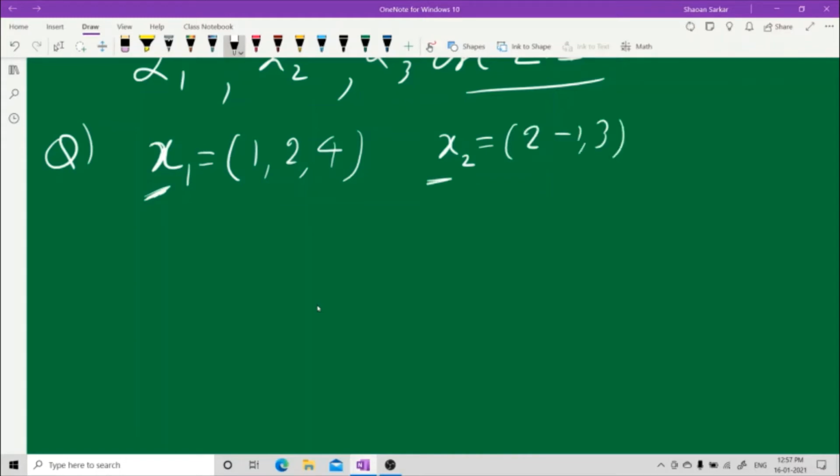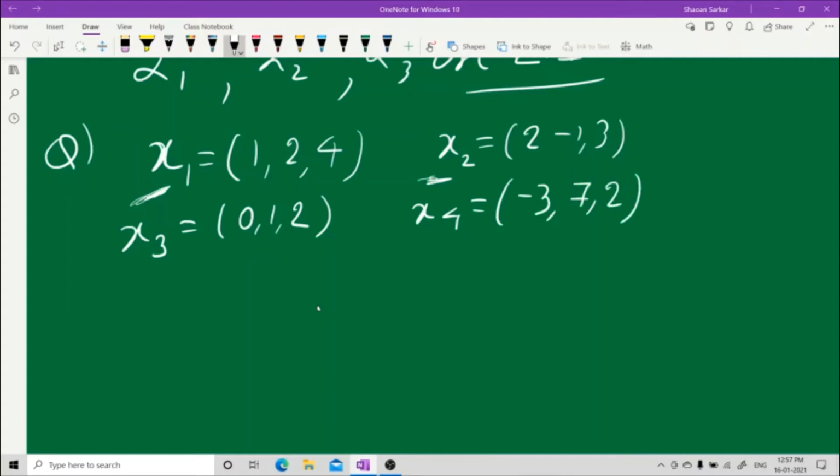In the earlier cases, I wrote these as alpha 1 and alpha 2. Now I'm writing x1 and x2 just for the sake of change, so that you don't get confused if you see this way of writing. Then x3 is 0, 1, 2, and then you have x4 as minus 3, 7, 2.